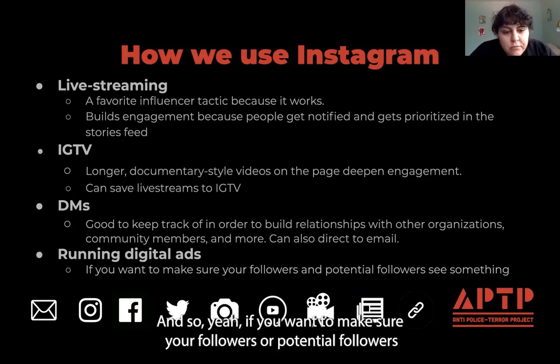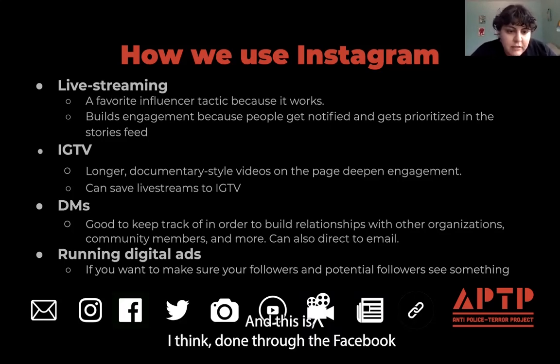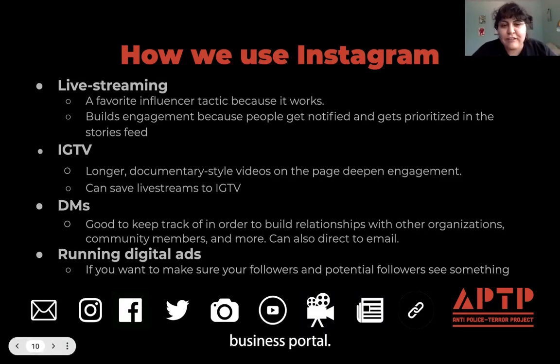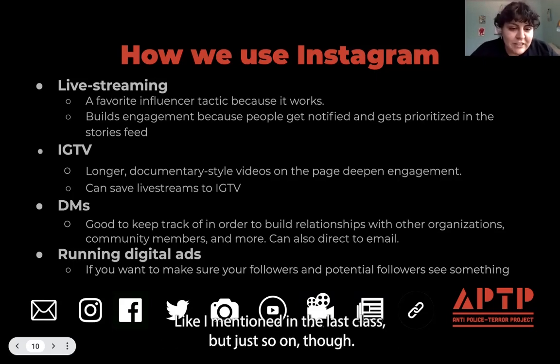If you want to make sure your followers or potential followers see something, you might want to consider running digital ads. And this is, I think, done through the Facebook business portal. That's a little bit more advanced, like I mentioned in the last class, but just so y'all know.